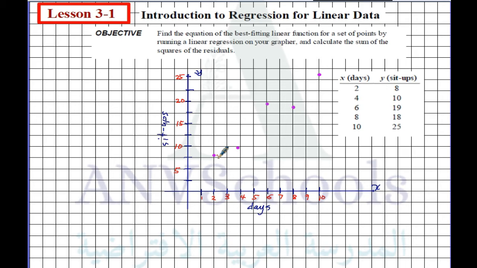And then 4, 10 is a bit off, so 4, 10 is here. 6, 19 is here, and 18 is here, just way below 20. And then for x equal to 10, our y is equal to 25, so it's here.